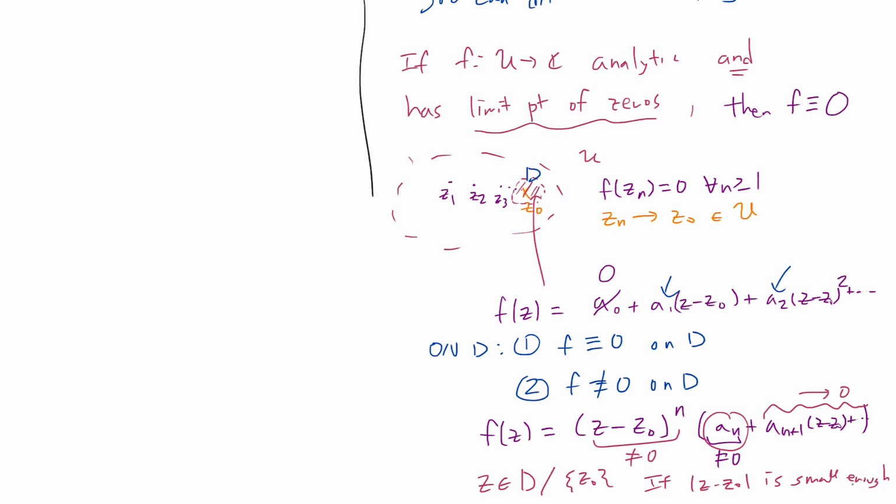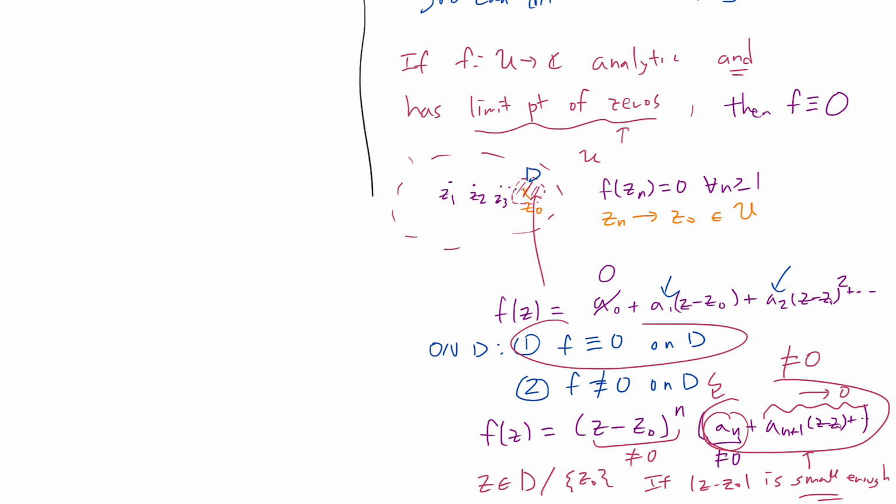So this entire factor is going to be non-zero as well, because you're adding a non-zero thing to something extremely small, smaller than an in magnitude. So everything within this disk, other than c naught, cannot evaluate to 0 when you apply f. But we know c naught is a limit point of zeros, so that cannot be true. So you actually get a contradiction in the second case, and the first case has to be true.